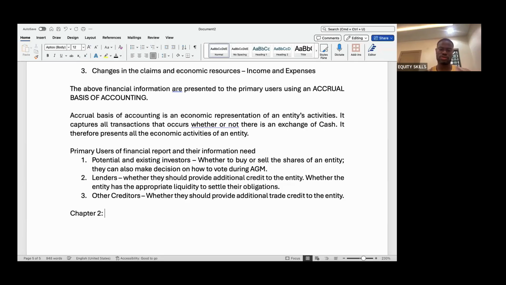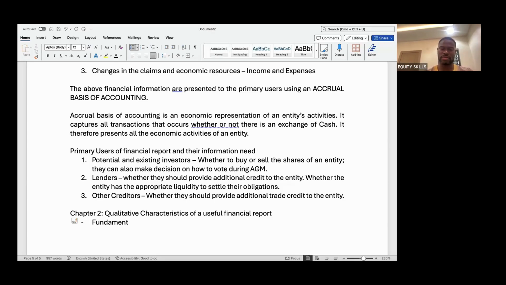Now, chapter 2, which talks about qualitative characteristics of a useful financial report. So this wants to look at the attributes of a financial report. The attributes of a financial report. And what are the attributes? There are majorly two. Okay.